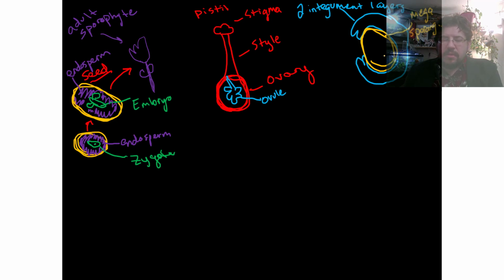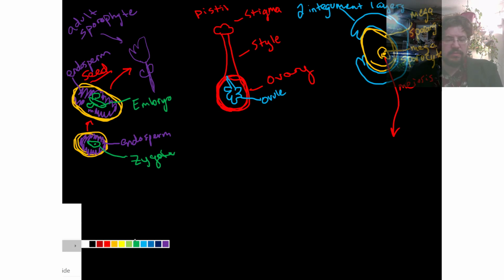And the megasporangium produces the megasporocyte. All right. The megasporocyte undergoes meiosis to get us megaspores.